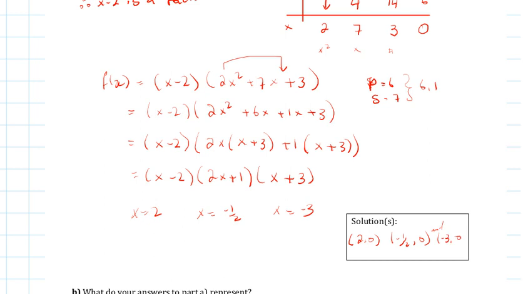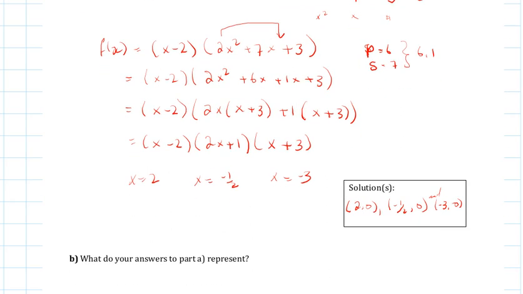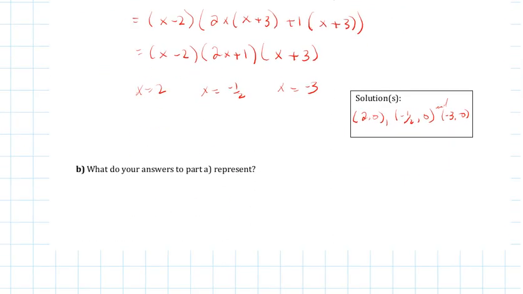So what do these answers represent? They represent the roots of the equation, which means they are the x-intercepts of the graph of the function. Let me see if I can type that, it's easier than writing sometimes.